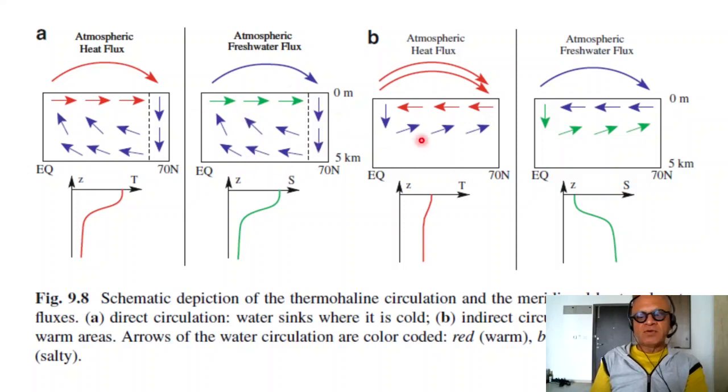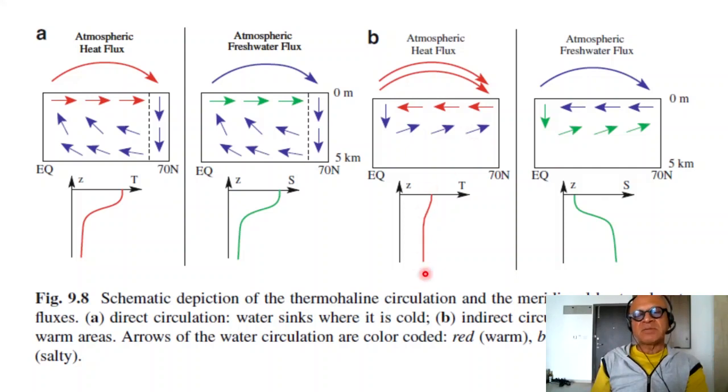Whereas here you are moving warm water southward, so you are again moving atmospheric heat flux in that direction, but this is much higher than in the direct circulation. Okay, so here you are sinking water on the warm side and supplying the rising of the water on the cold side. Okay, so in the past there are some arguments that this has happened, and there are various parameter ranges in which this can be interpreted.